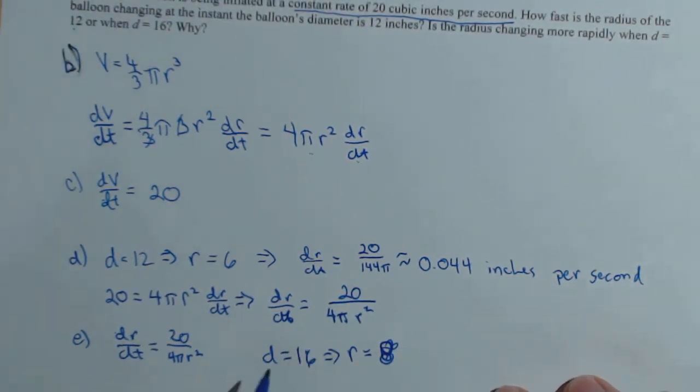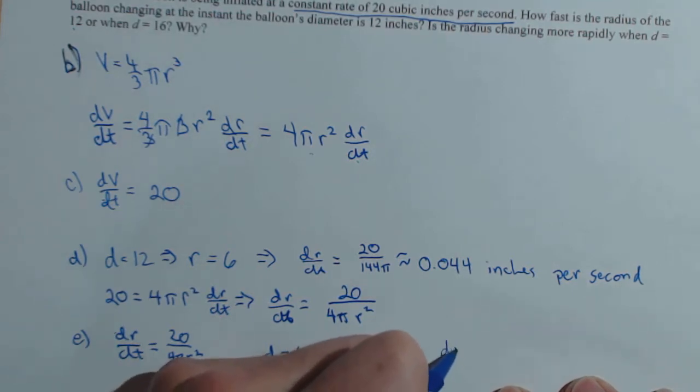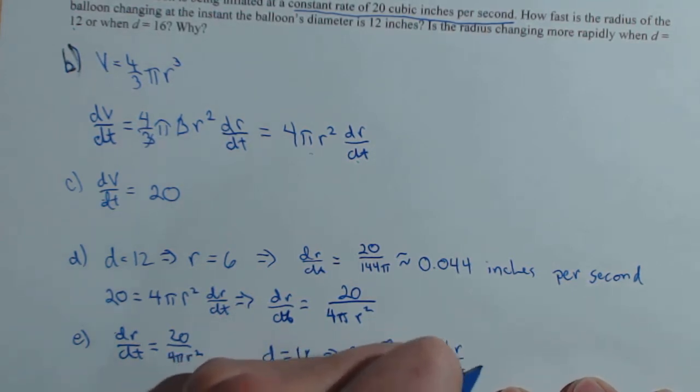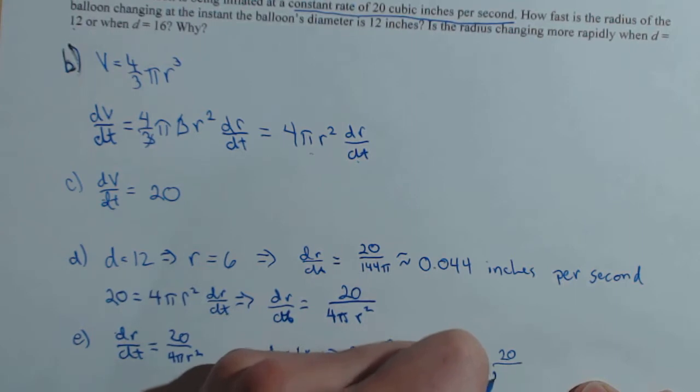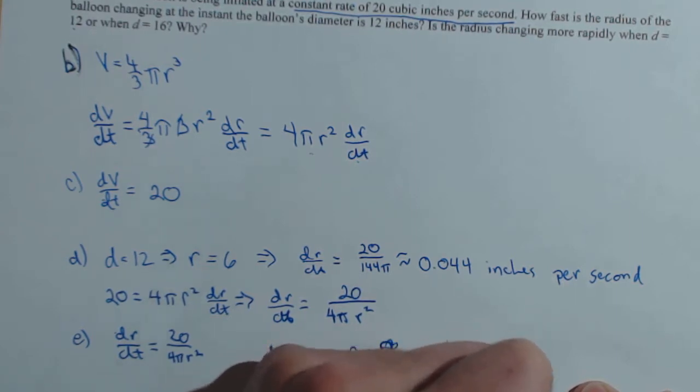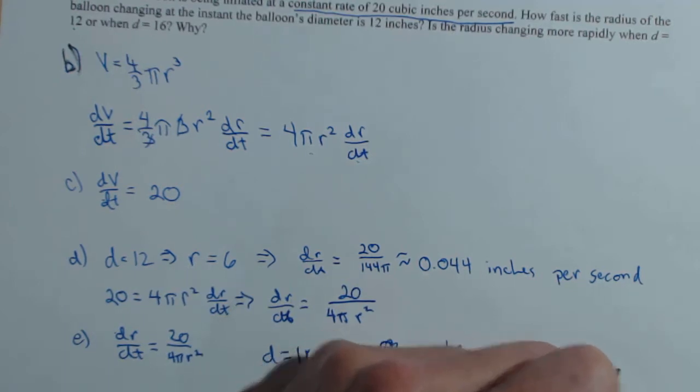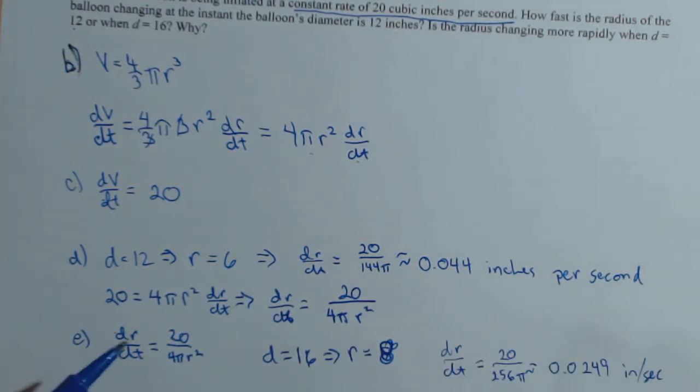And it turns out when you plug in 8, dr/dt is 20 over 256 pi, or about 0.0249 inches per second. And if we put in a larger radius, we would see it get even smaller.